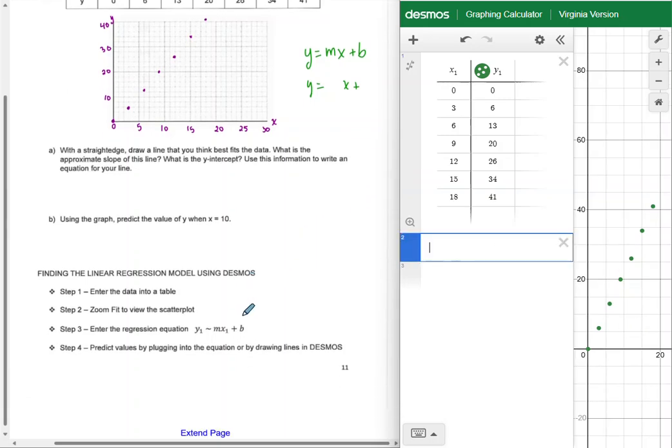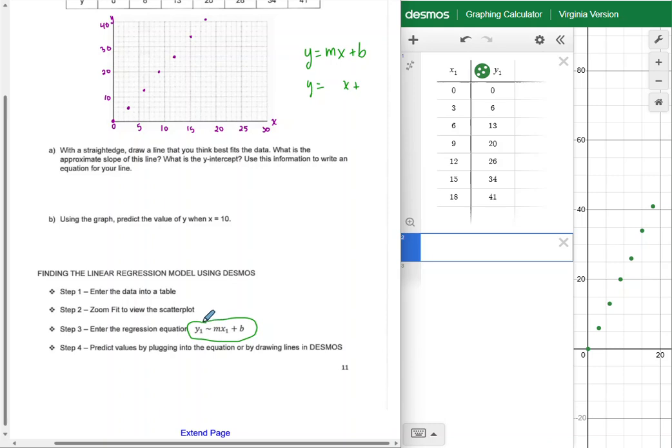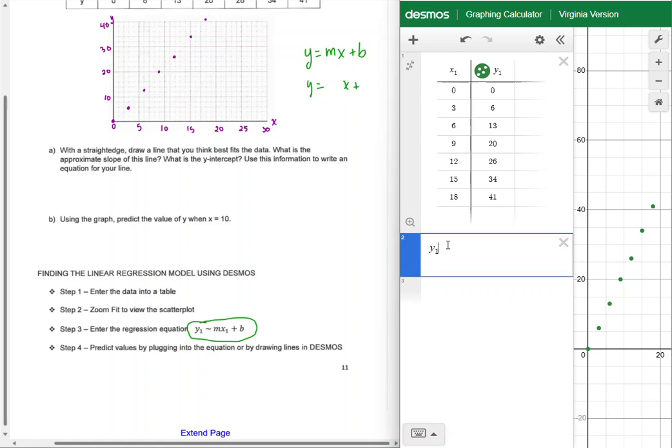The next thing is we need to plug in this part right here. This is what tells Desmos to do the regression, the process of finding the slope and the y-intercept. So I'm going to type y1, and I have to put 1 because I want Desmos to read these values here.